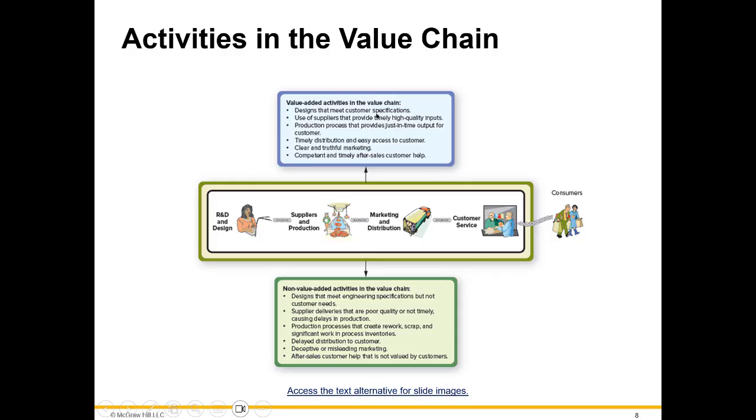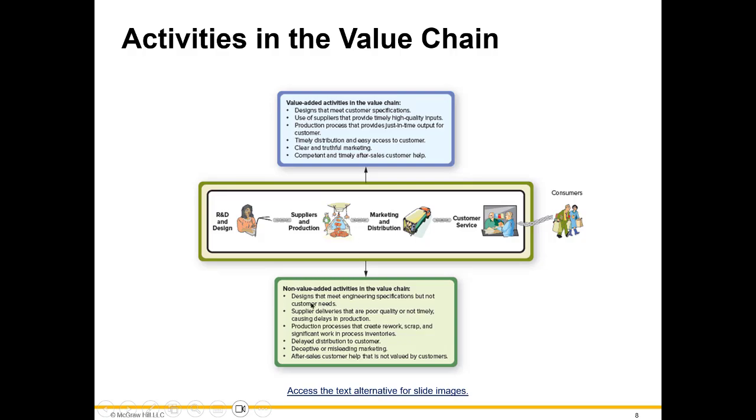And so let's just look at these value-added activities. Designs that meet customer specifications, yes, that would create value. Use of suppliers that provide high-quality inputs in a timely way. Production process that provides just-in-time output for customers. Timely distribution. Clear and truthful marketing, and competent and timely after-sales customer help. So we can see those that create value.